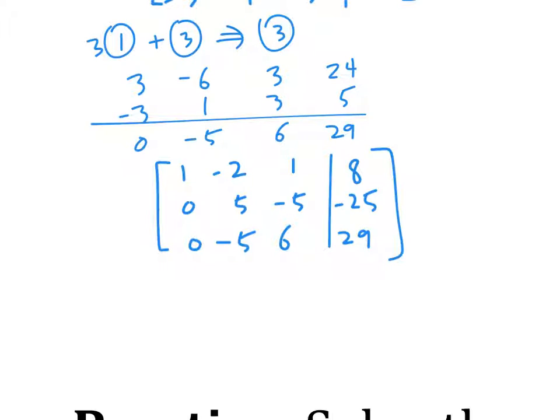We are good. Next, we're going to go to the second column. We're going to fix that 1 first. Divide everything by 5. Yeah, that's the fastest way. That will automatically become a 1.